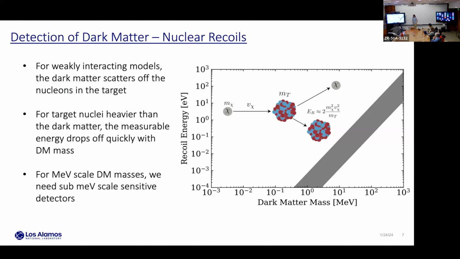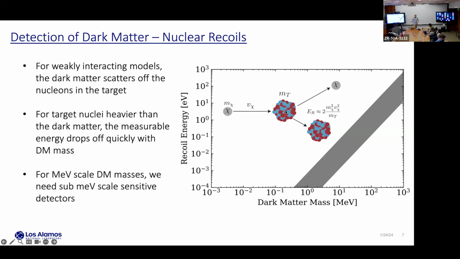So there's two different interaction channels that we can look for. For a WIMP-like dark matter, something that's going to interact with the nucleon of your target material, we just call that nuclear recoil dark matter. You have some dark matter mass with a known velocity from astronomical observations.